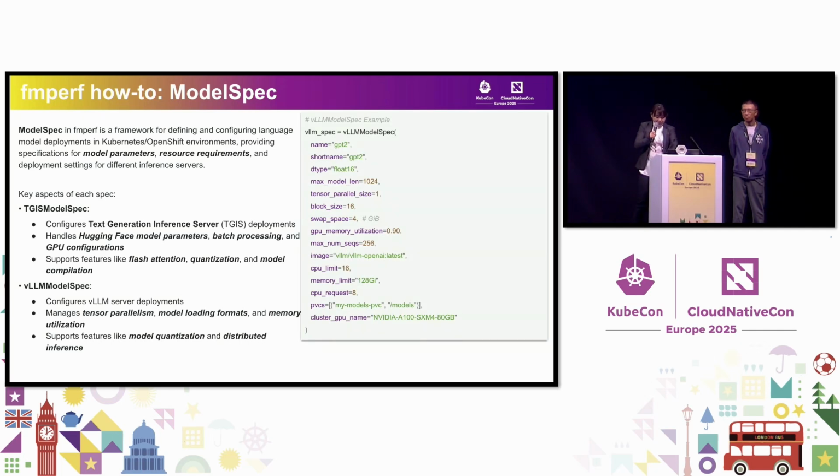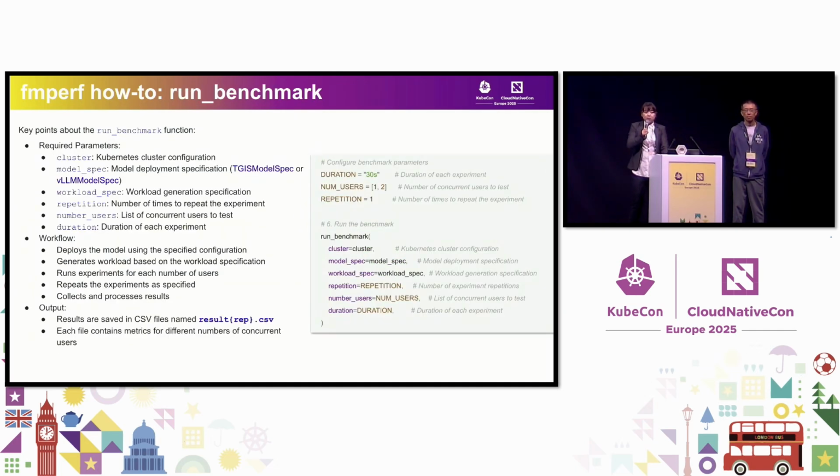And of course, you can also define, for example, what GPUs you want to benchmark this server on, and what CPU and memory allocations you want the deployment to have. So those are just three simple class definitions or declarations you want to have in your Python script.